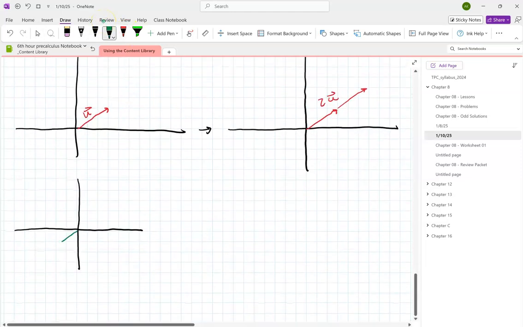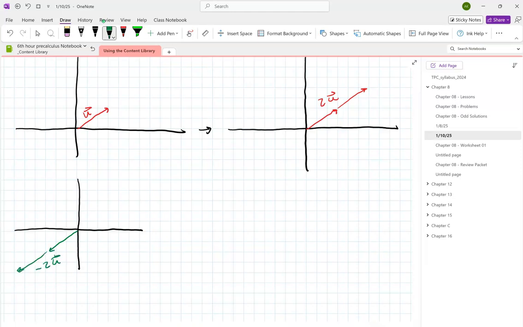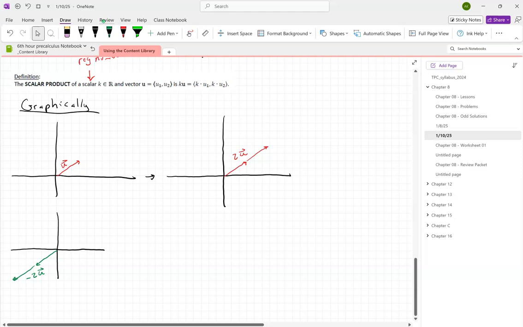So if I did this is like -2u, where the direction is just now the opposite way it was going before. It's now just petering off the other direction. Does that feel okay graphically what the scalar multiplication is doing? It's literally just scaling the vector, right?